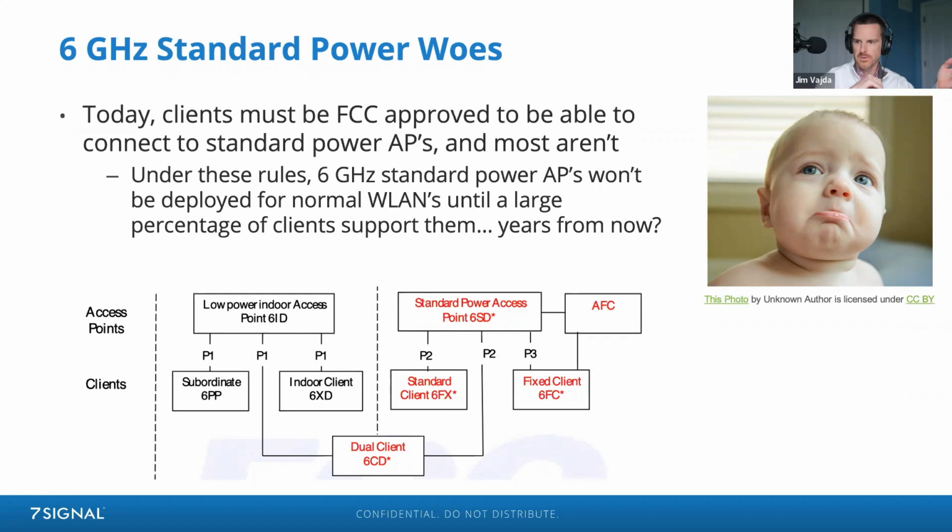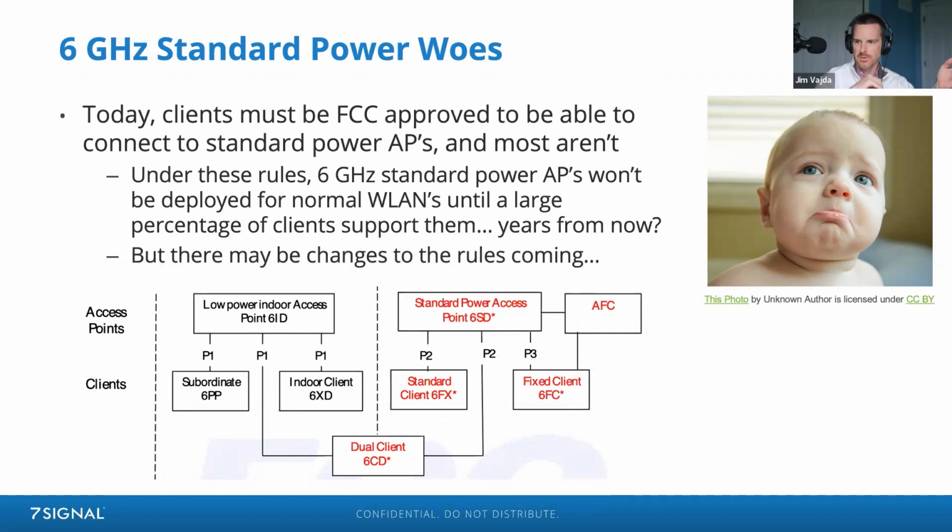The problem is, though, most of the 6 gigahertz capable clients in the US, at least, are only certified as indoor clients. So when standard power APs come out, they won't be able to connect to them or use them without potentially being recertified as dual clients. And I'm not sure if client vendors are going to be interested in doing that. So that's an issue.